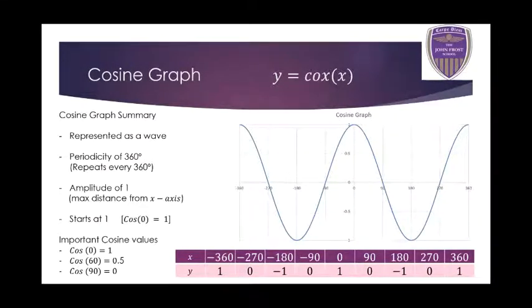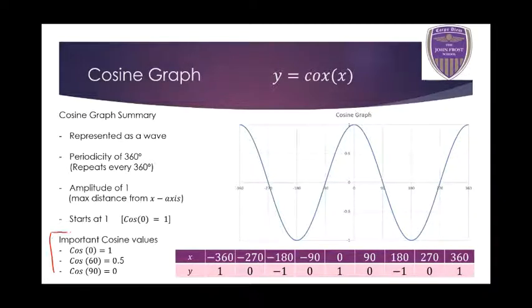Now, unlike the sine graph, if we were to find out cos of 0, to find the start of the graph, it actually starts at 1. Whereas sine of 0 started at 0, okay? So that's one of the only differences between the cos and the sine graph, okay? And we're going to look at that in a bit more detail on the next slide. But for now, there's 3 important cosine values that you should try to remember, okay?